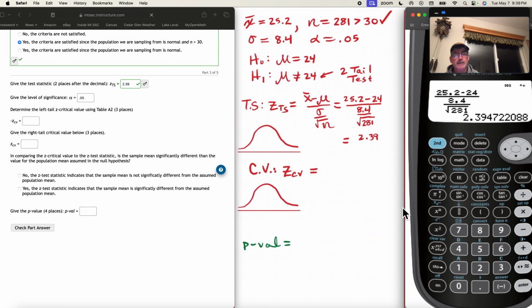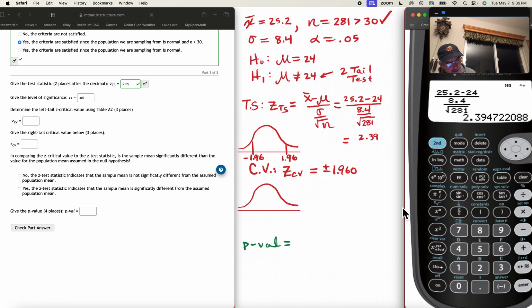Okay, so again, it's a two-tailed test, so technically we want to do plus or minus on the critical value. So I'll just do one on the left and one on the right. Negative 1.96 and a positive 1.96.